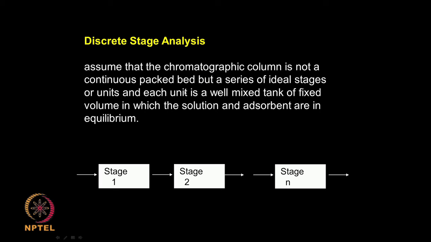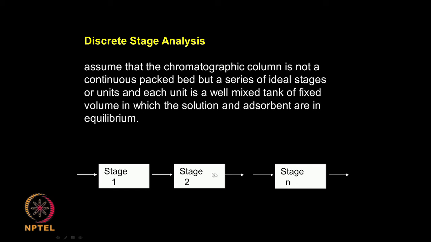Now let us look at certain analytical approaches. So, the chromatography column can be considered as a set of n stages, 1, 2, 3, 4, and each stage is well mixed. It contains a stationary phase solid and a mobile phase liquid through which the solute gets partitioned because of one of those physical principles which we talked about, and then the continuous phase moves to the next stage.